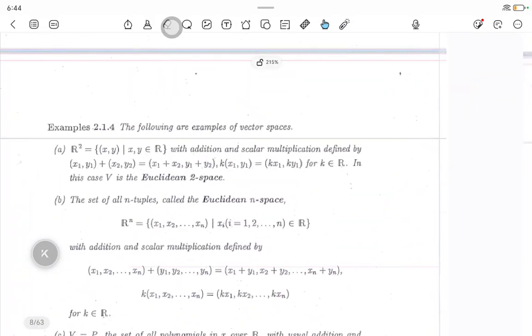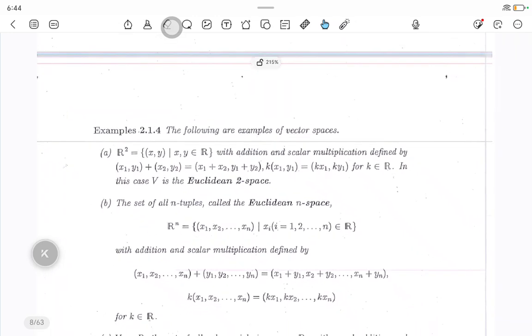Yeah. So we're given this question, right? They say R squared is equal to xy such that xy is an element of the real numbers, with addition and scalar multiplication defined by x1, y1 plus x2, y2, which is equal to this, right? And this for k an element of R.